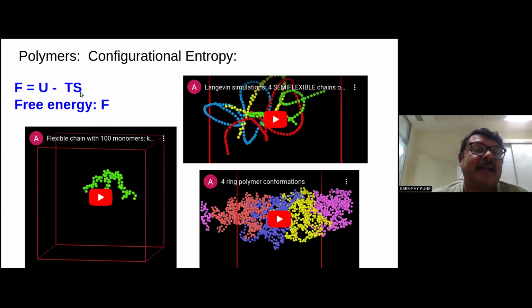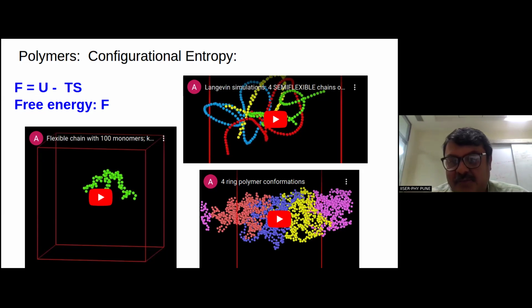So these two are balancing each other. It's not that energy alone is minimized; the combination of these two gets minimized for the equilibrium. Okay, so that's the idea of entropy, number of microstates, number of configurations. That's the idea which I want to convey.